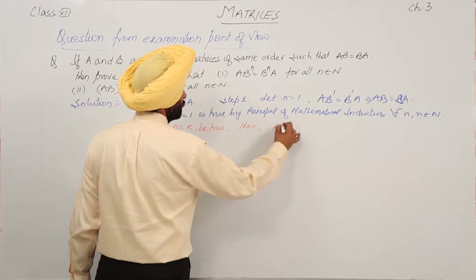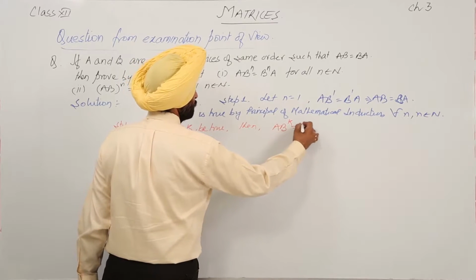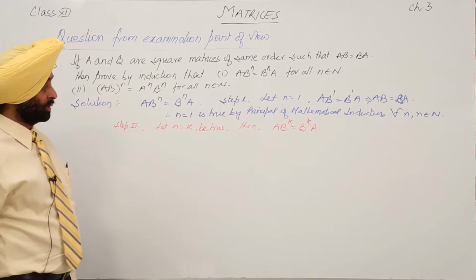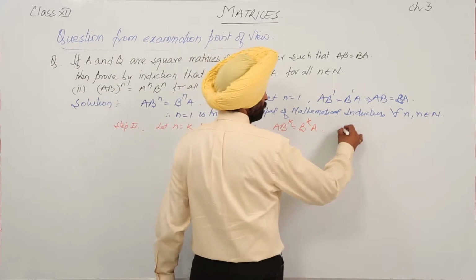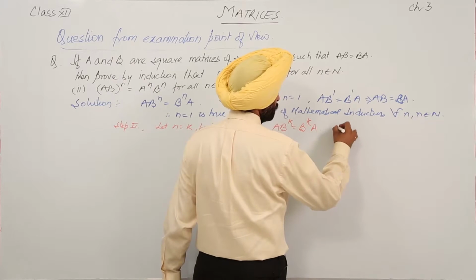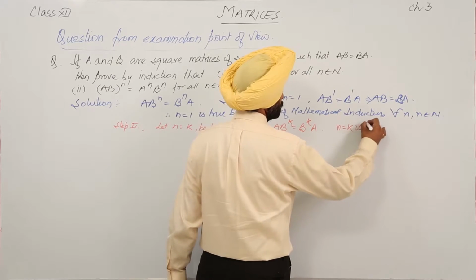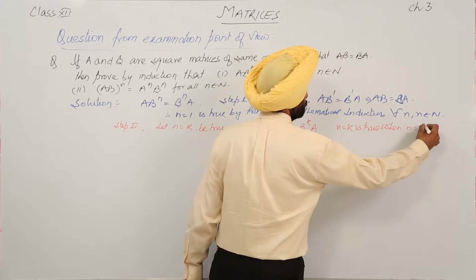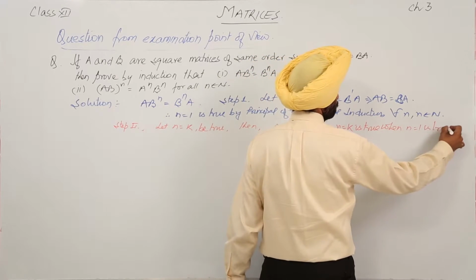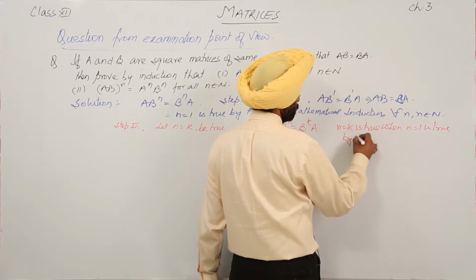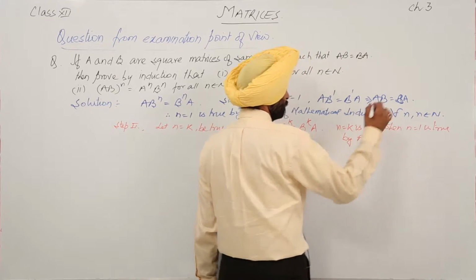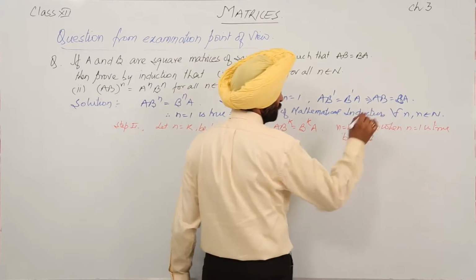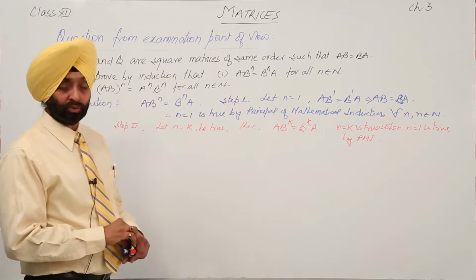Then we are having (AB) raised to power k is equal to B raised to power k with A. Or you can write it, n is equal to k is true when n is equal to 1 is true by PMI, mathematical induction, for all values of n where n belongs to natural number.